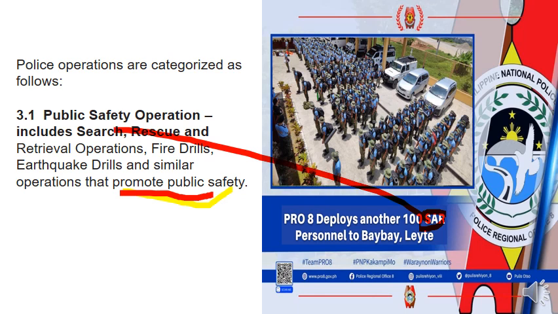So earthquake drills and fire drills are also common to you because I believe that you are doing that every month or weekly basis. So it is considered as a public safety operations as long as it promotes the safetyness and eliminates the chance of people being subjected to injury. It is considered as a public safety operations.